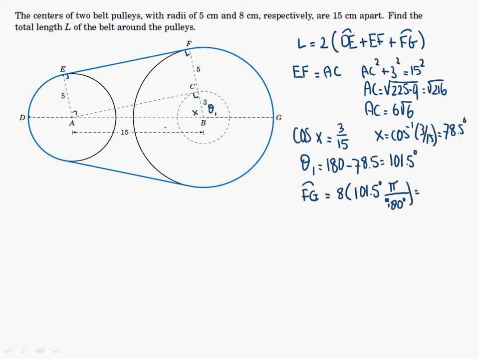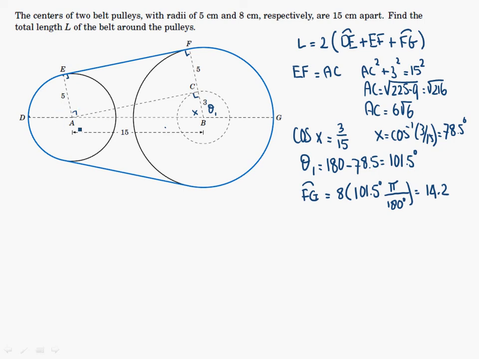Calculator, throw it in, and you get 14.2. So I'm rounding everything here to one decimal, which I'm fine with, because they really only gave me one whole number, like 5 and 8, with only one accurate digit anyway. Okay, so that takes care of one arc.